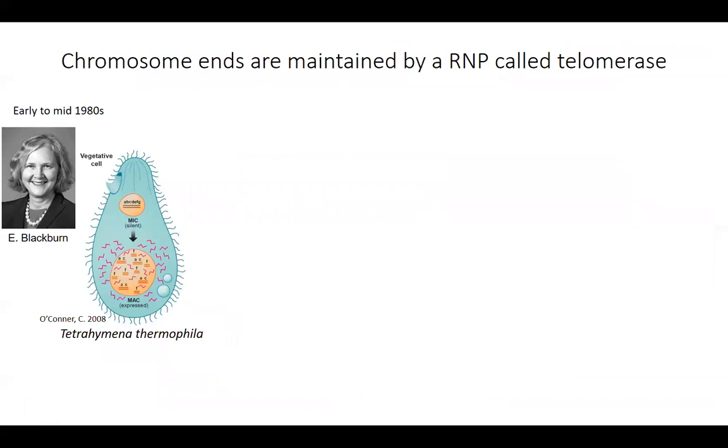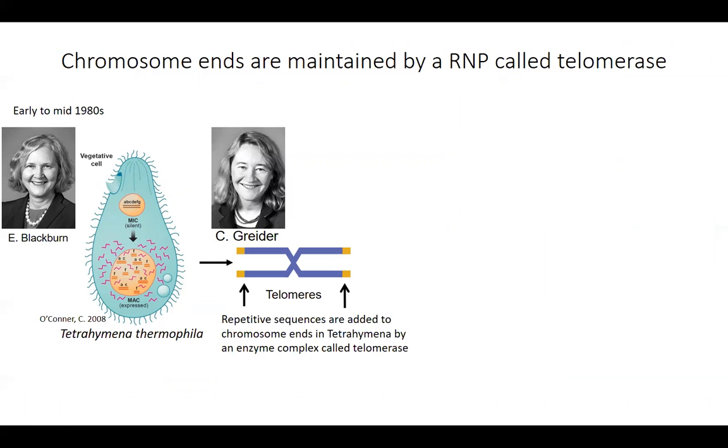So let's revisit telomerase. I'm not going to do this the level of justice that it should be done, but a lot of these discoveries started out in Tetrahymena, which is our model organism here. In Tetrahymena, we can see that these repetitive sequences are added to the chromosome ends by an enzyme complex called telomerase.